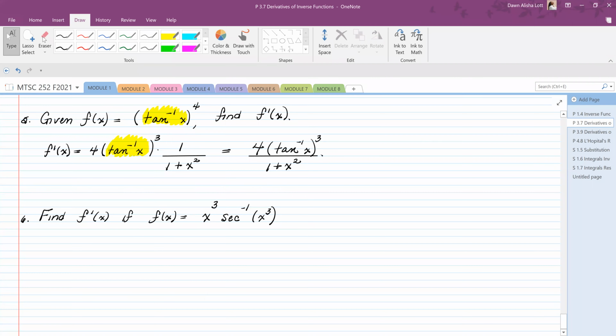Actually, we know how to do the product rule. I don't even feel like it. Let's just do the derivative of the secant inverse of x cubed.